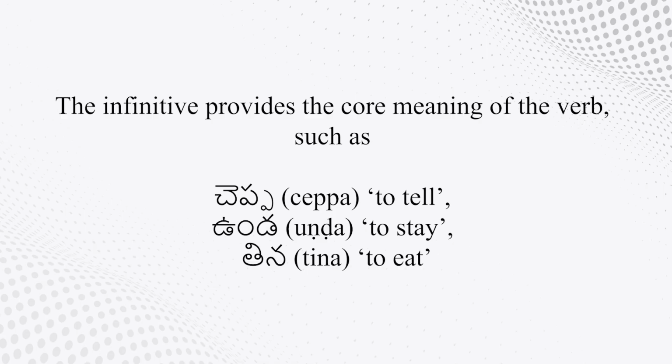The infinitive provides the core meaning of the verb, such as cheppa to tell, unda to stay, tina to eat. The second element, lekapo, is the key marker of negative ability and conveys the meaning could not or was not able to.